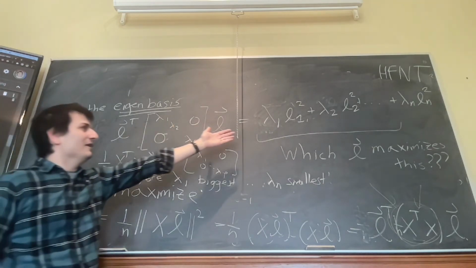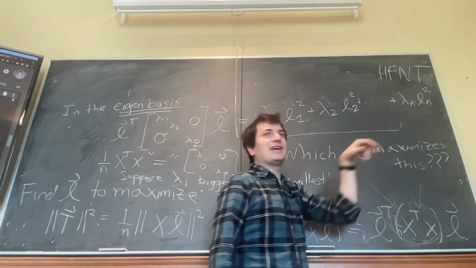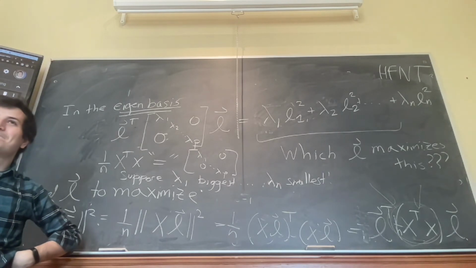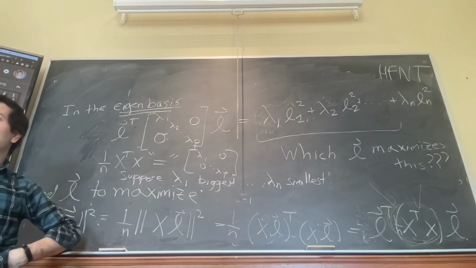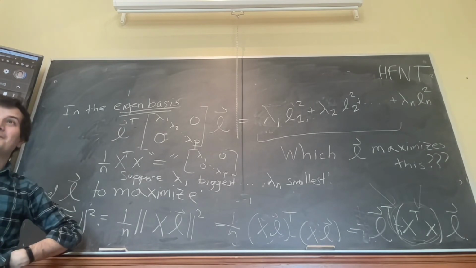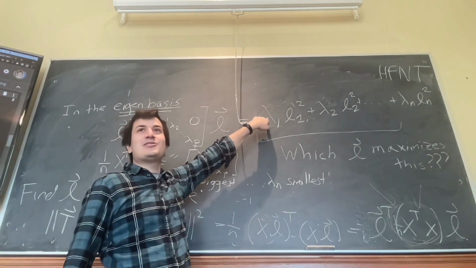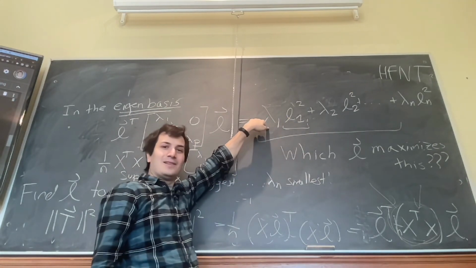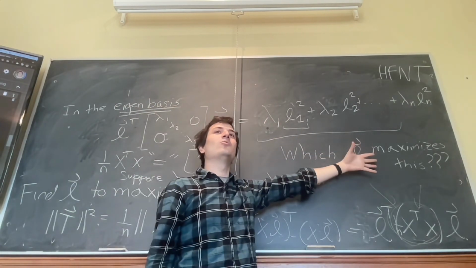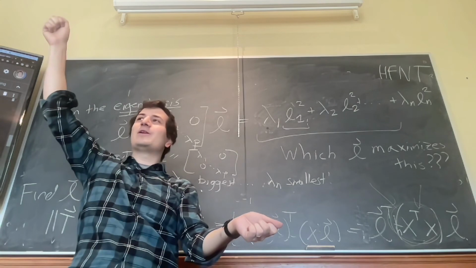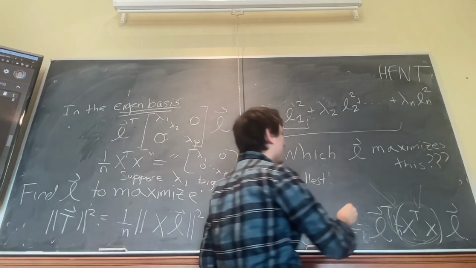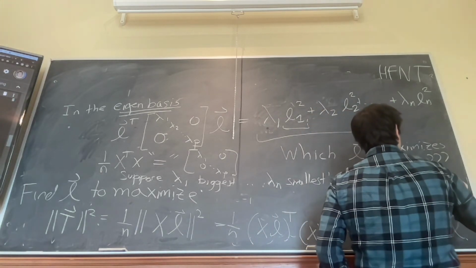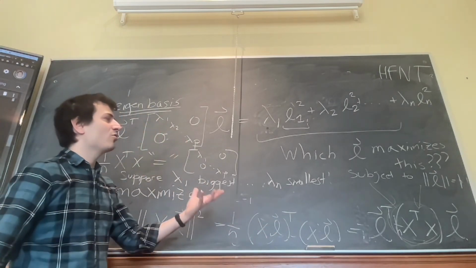You have this linear combination, lambda 1 times L1 squared all the way up to lambda n times Ln squared, and you want to make it as big as possible. What vector should you pick? Choose L1 bigger, since this coefficient is the biggest. Why don't we make L1 squared as big as we can? How big can we make it? Like we said before, you have to make sure the vector has norm 1. You can't cheat and just make your vector twice as long, since that represents the same line. So this is subject to the norm of L equals 1. You have to pick something whose total norm is 1.